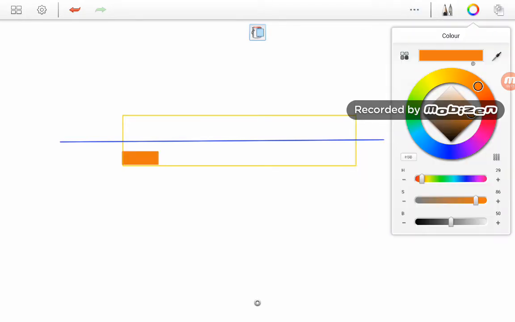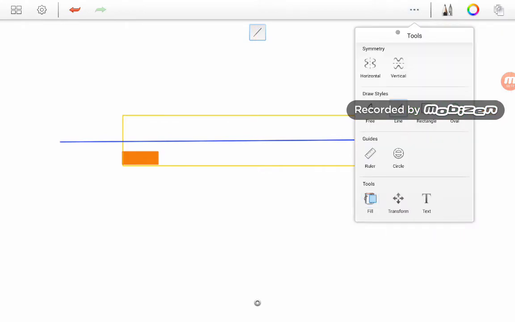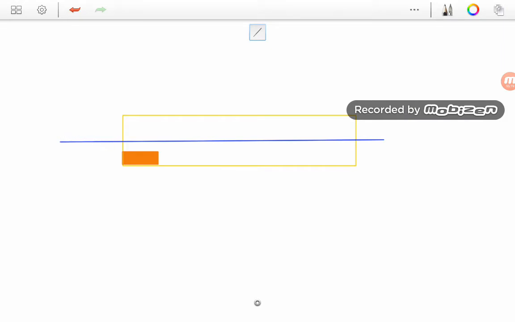What will happen? Our vessel will sink, as we reviewed previously. This will be the water plane area.